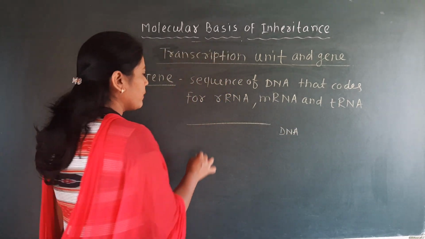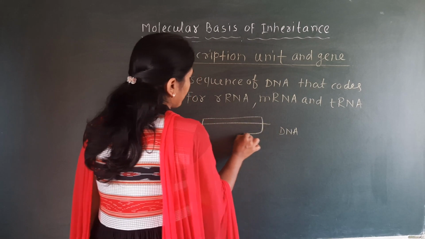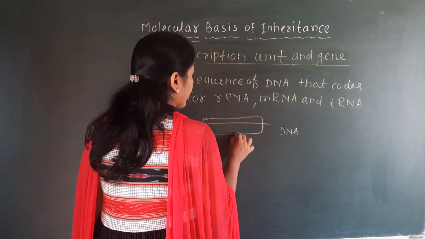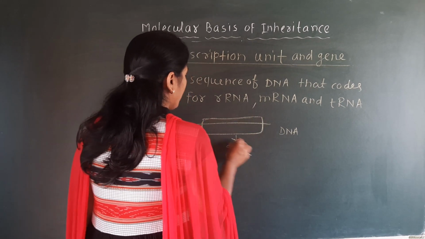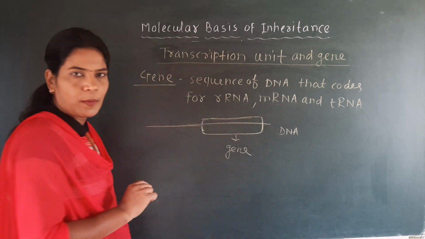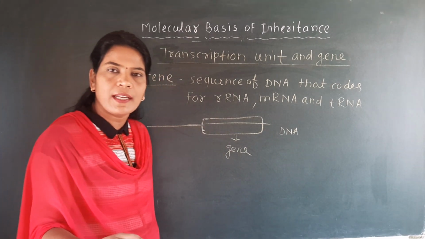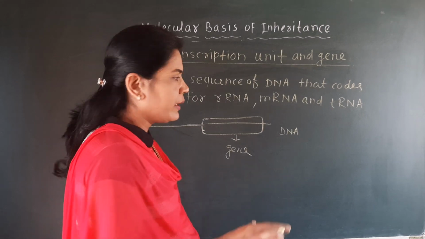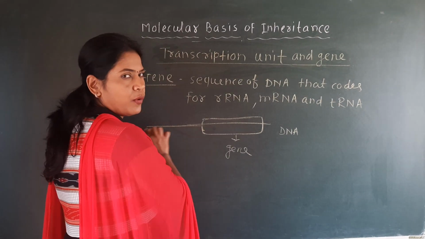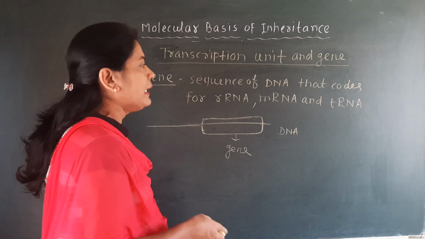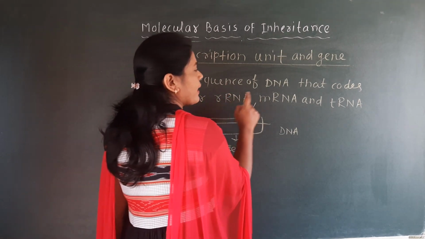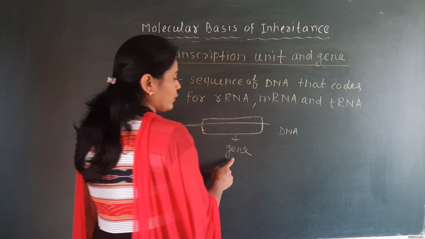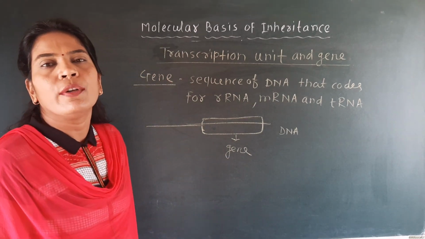This much is the sequence of DNA that we call a gene. It is a long segment of DNA, but not all parts of the DNA are involved in the synthesis of mRNA, rRNA and tRNA. Only this much part of the whole DNA is involved in the formation of rRNA, mRNA and tRNA. So this much part of the DNA we call a gene.